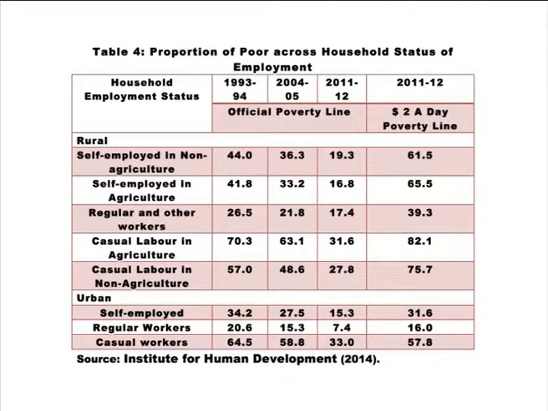The poverty ratios for the self-employed are about 62% in agriculture and 66% in non-agricultural activities in rural areas, and about 32% in urban areas. The lowest poverty ratio can be found in the case of regular workers, both for the national as well as the international poverty line of $2 a day.